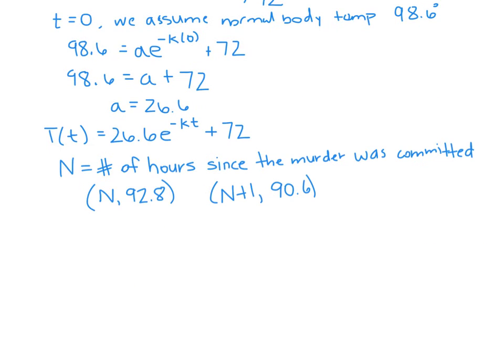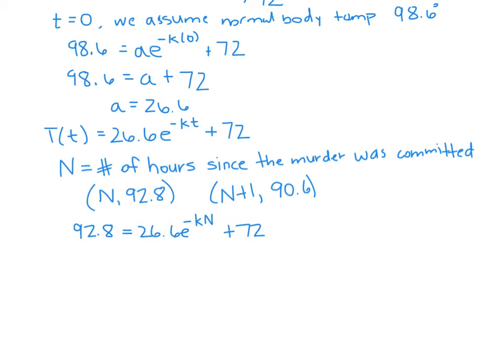So I'm going to set the equation equal to 92.8 equal to 26.6 e to the negative k n plus 72. So at time n, which is the number of hours since the murder was committed, the coroner gets a reading of 92.8 degrees.